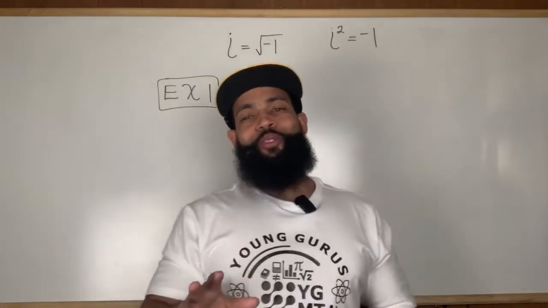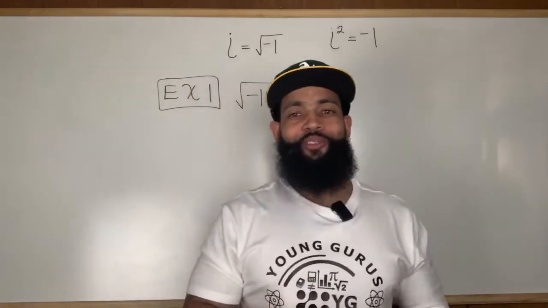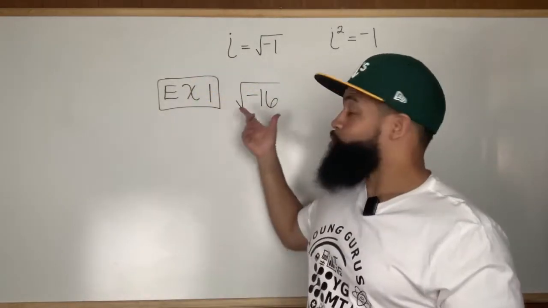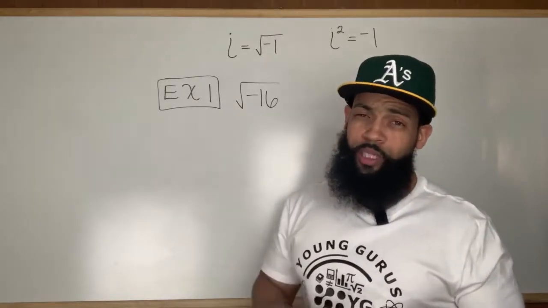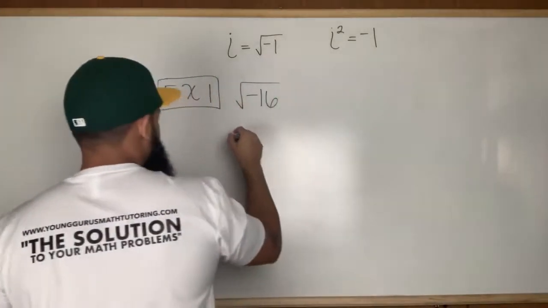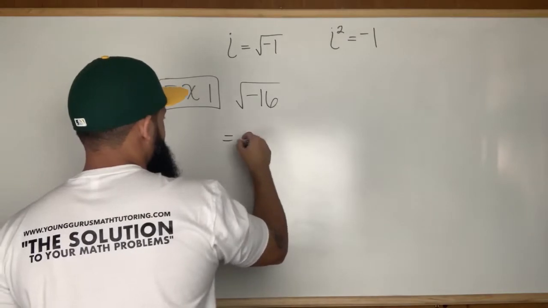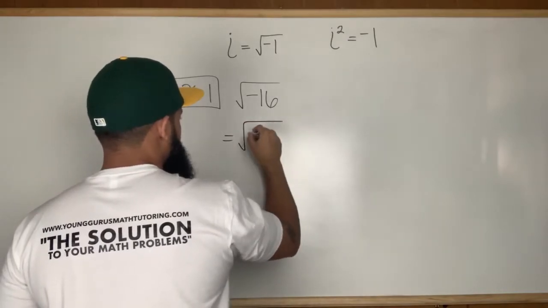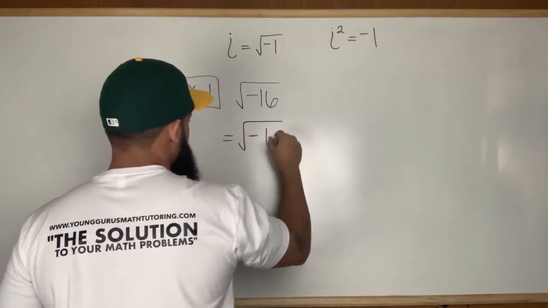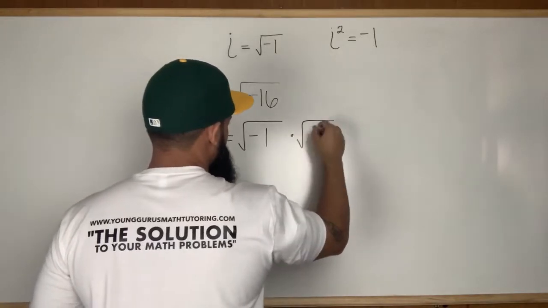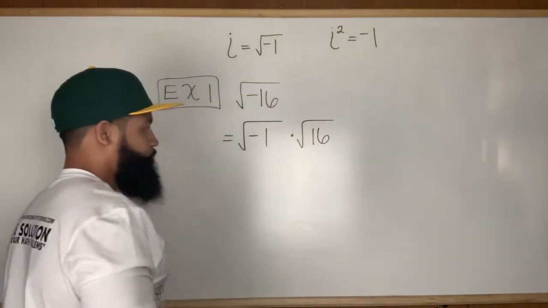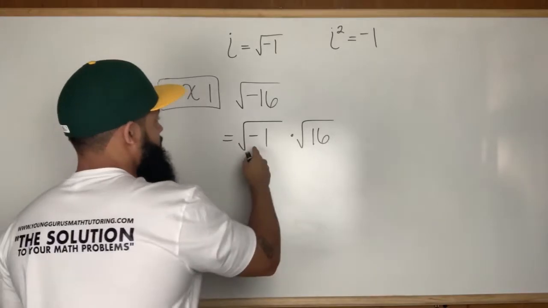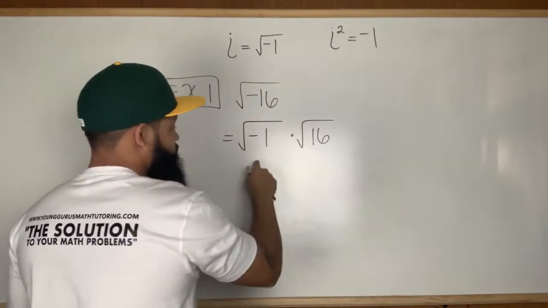So in order to keep from getting you confused, I want you to understand that I have the square root of -16, and the rules of square roots tell me that this is actually equal to the same thing as the square root of -1 times the square root of 16. Okay, so we said that I is equal to the square root of -1.